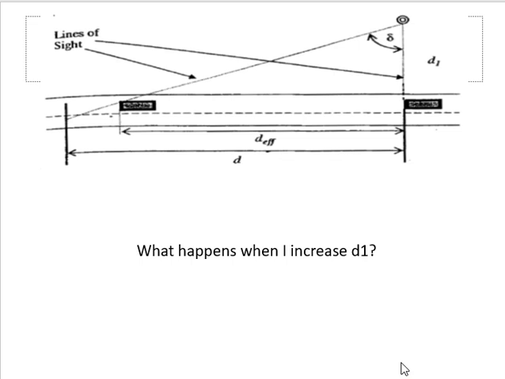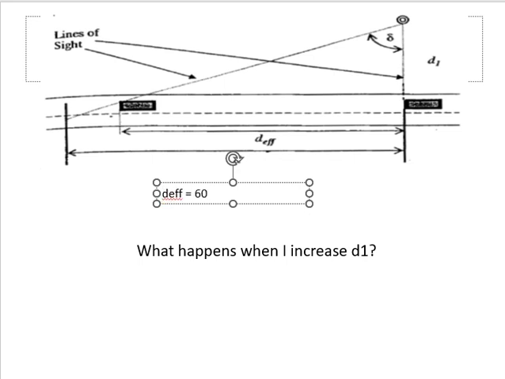Tan, okay. Because I know D1 and I need D effective, so I will use tan. D effective equals D1 times tan 60.